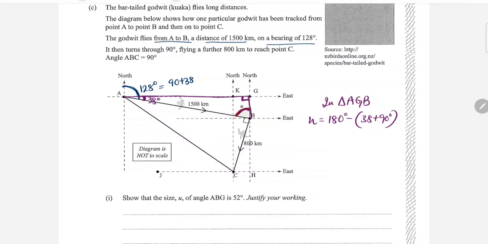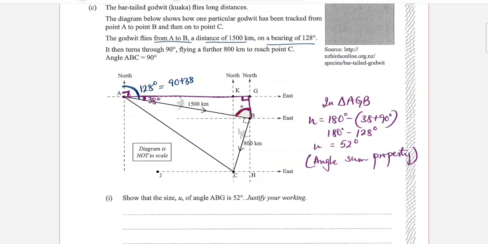Now we know that this is 38 because the top bit is 90. So 90 plus 38 is 128, and 180 take away 128 is equal to 52 degrees, right? So you can say angle sum property. If you do not write the reasoning, you might not get the marks for that. So you have to show your working and reasoning, right? Instead of doing it here, I've done the answer this side.